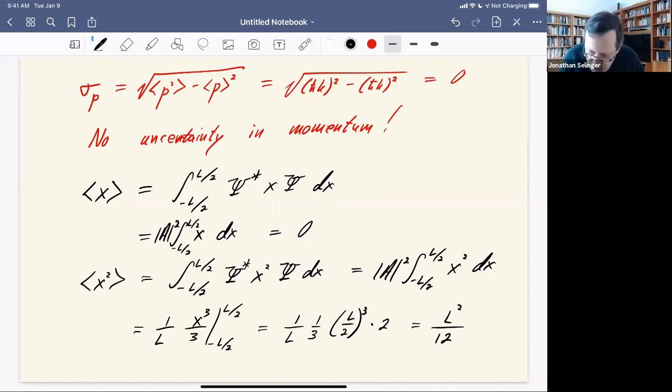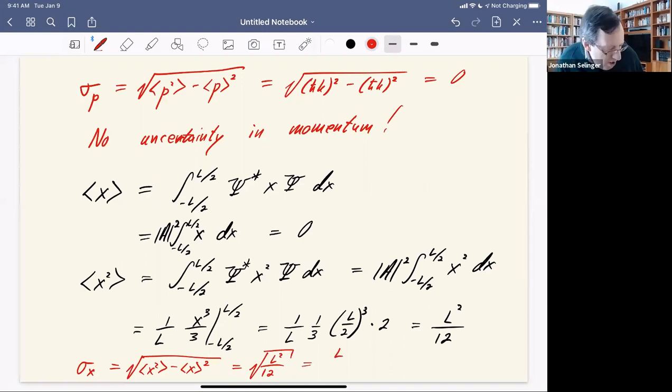So that means that the uncertainty in x is equal to the square root of average of x squared minus average x squared. Okay, so it's the square root of L squared over 12, right?